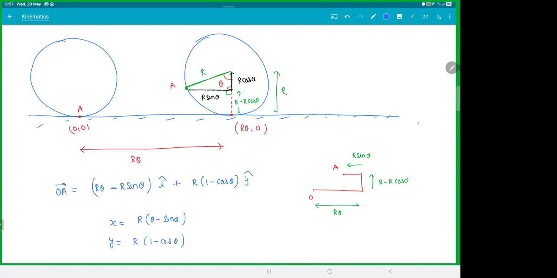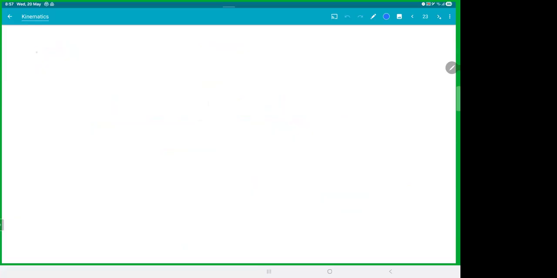Great. Now what? There, I gave you x and y coordinates. So what was the distance formula? In case you don't remember again, integral root over 1 plus dy by dx whole square dx.